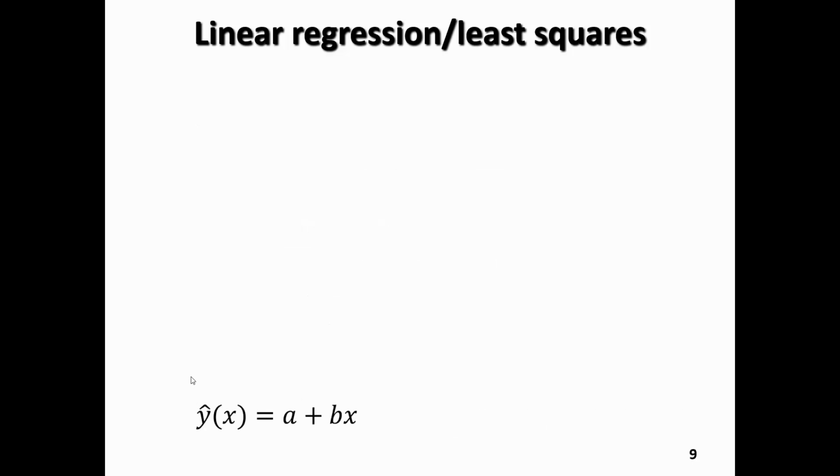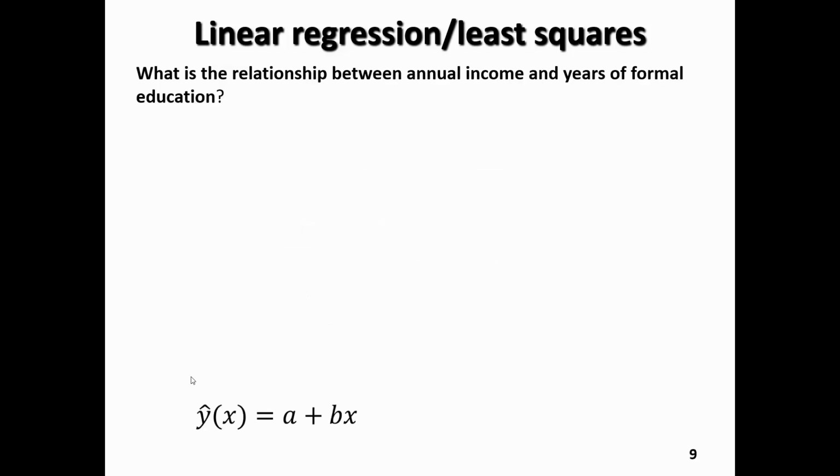And to illustrate this, we'll begin with an example here by examining the relationship between annual income and years of formal education. And so based upon this question, many might look at this and wonder, what is our key outcome variable? And I think many would agree that our key outcome variable might be the annual income.